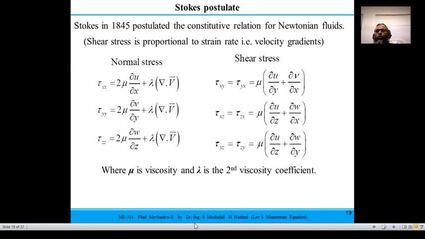Stokes also presented a relationship between the first viscosity coefficient and the second viscosity coefficient, and he did it experimentally. That's why we call it a constitutive relation. The momentum equation is a fundamental relation, whereas the Stokes relation between the shear stress and the velocity gradients, or the strain rates, is a constitutive relation.